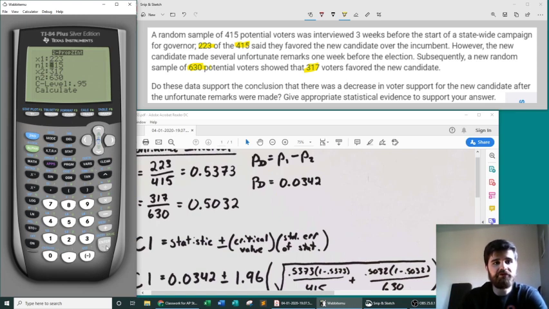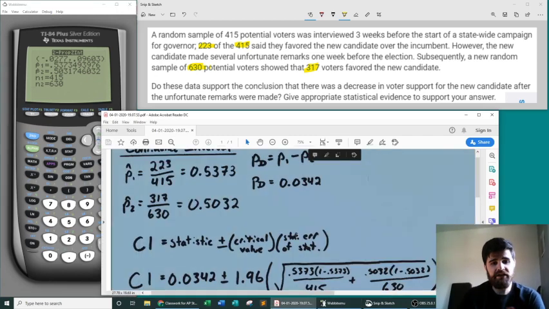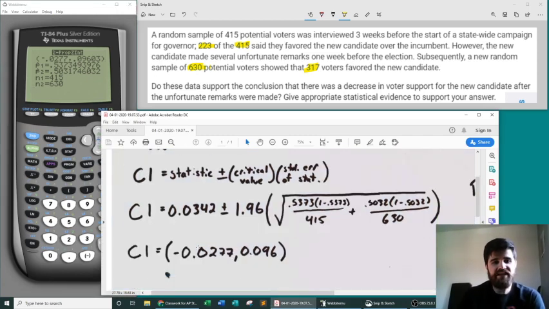In the second sample, we had 317 successes out of 630, and we're doing a confidence level of 0.95. If we calculate, our calculator is going to give us the exact same answer as we got by doing this by hand. You might see slightly different answers based on how you did it, just due to rounding, but at any rate, we get the same conclusion.